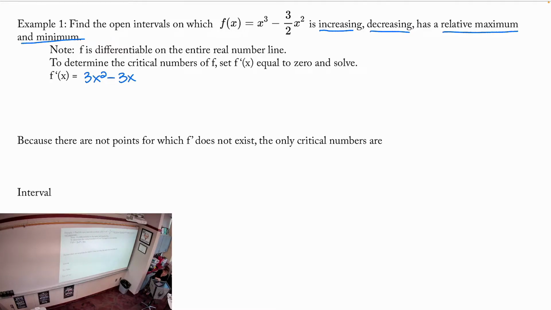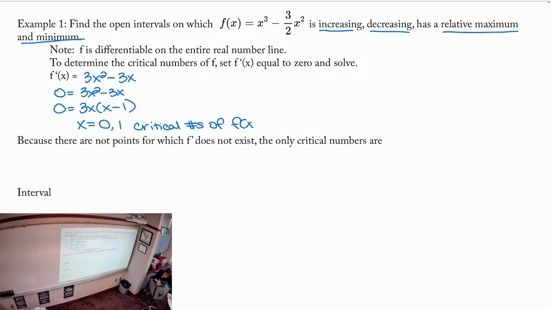I'm going to set it equal to 0. Then I have a greatest common factor of 3x, and I'm left with x minus 1. When I solve for x, I get x equal to 0 and 1. These are the critical numbers of f of x.